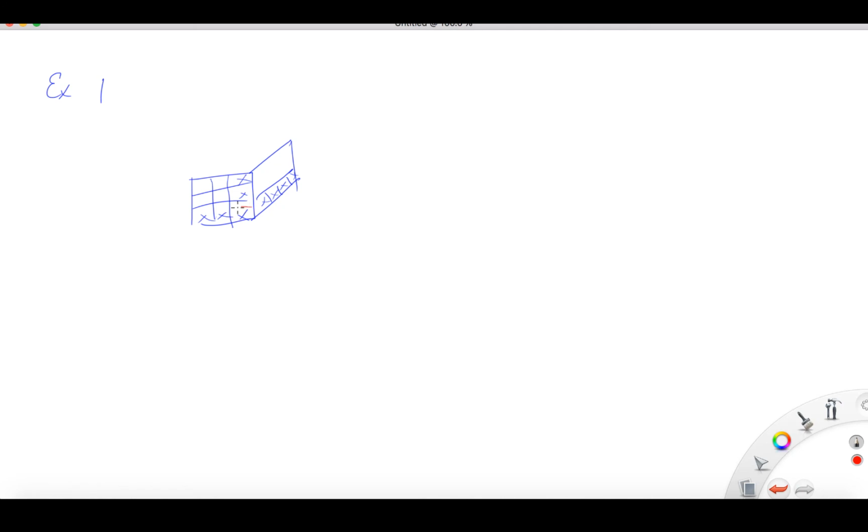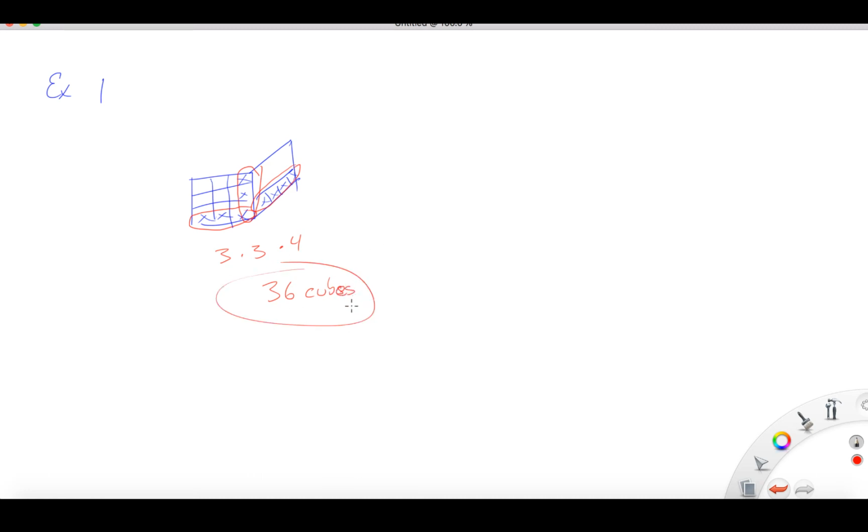We want to know the face of it, which is 3. We want to know the height of it, which is 3, and we want to know the length of it, which is 4. So 3 times 3 is 9. 9 times 4 is 36 cubes.